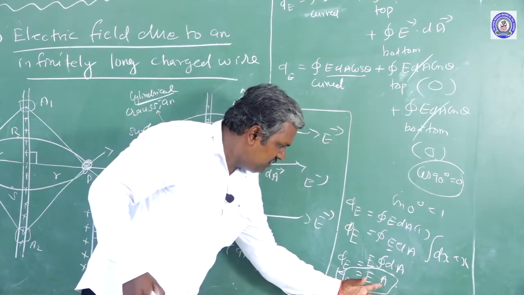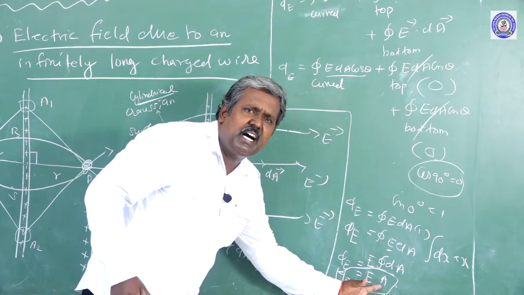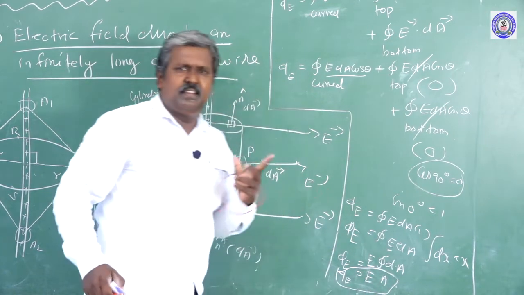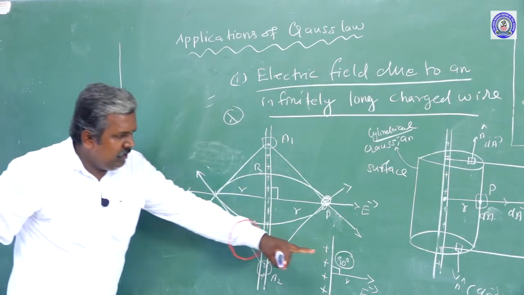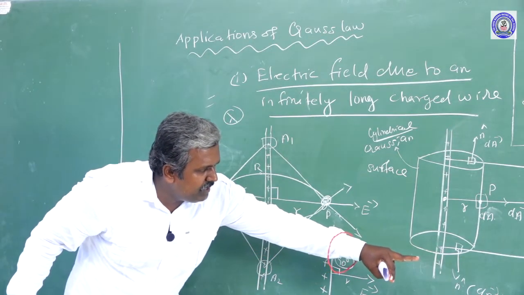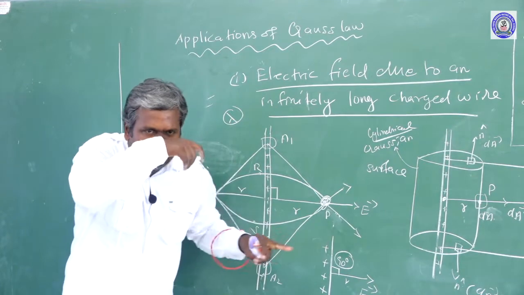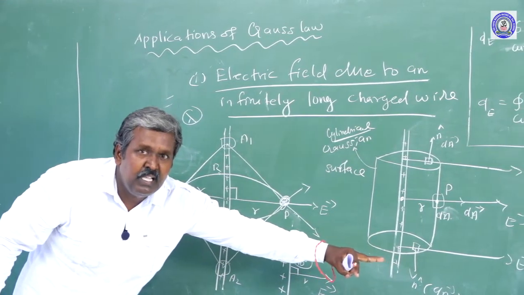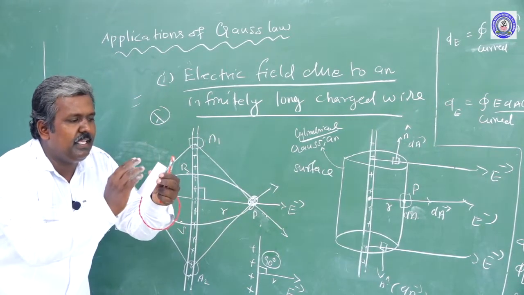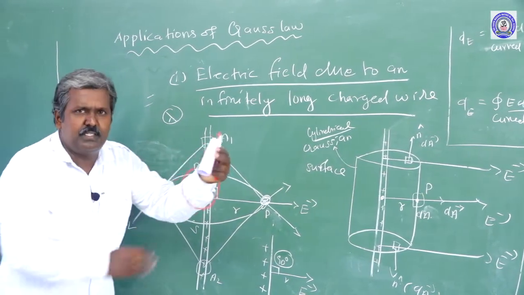So A is the total area of the curved surface. So flux is equal to E into A, where E is the electric field and A is the total area of this curved surface.